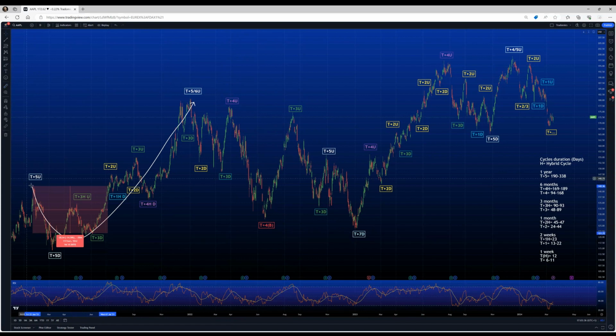So here we were expecting a T plus 5 upward cycle, and with this bar that occurred on the 7th of July 2021, we broke up the top from which it started before its minimum duration.